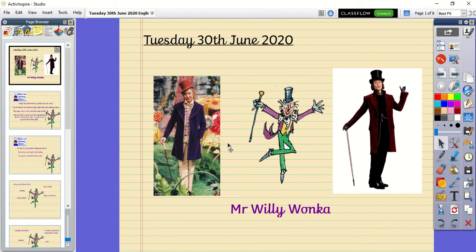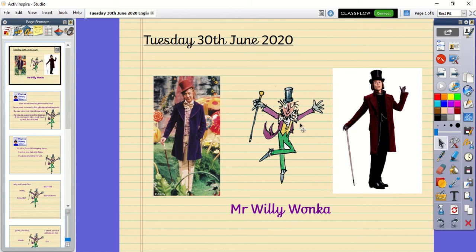So this is Mr. Willy Wonka in the very first film. This is Mr. Willy Wonka, how he is portrayed in the book by Roald Dahl. And this one here is the latest Charlie and the Chocolate Factory film. Okay, so this is the Mr. Willy Wonka that you might recognise.